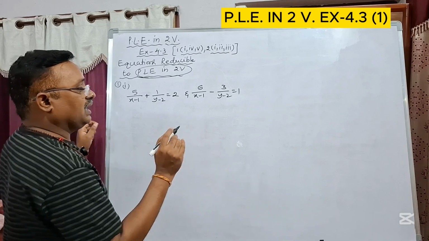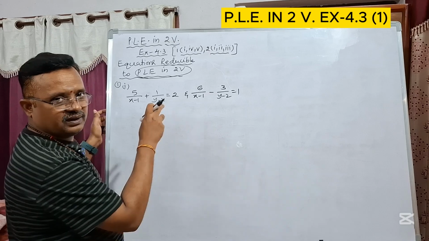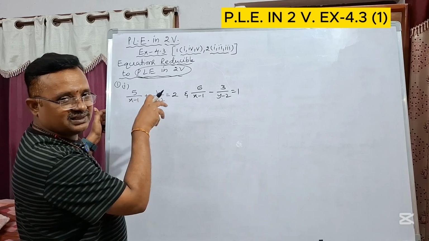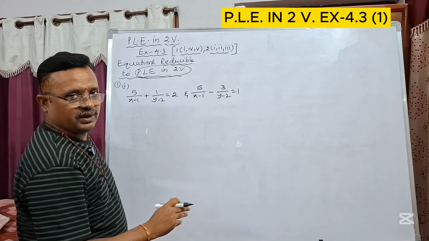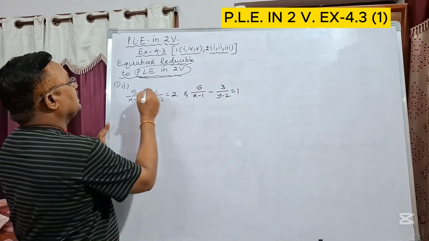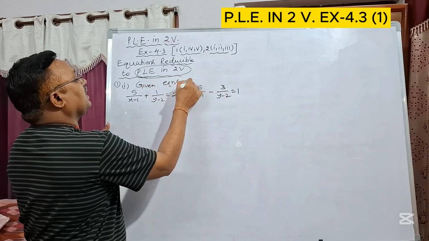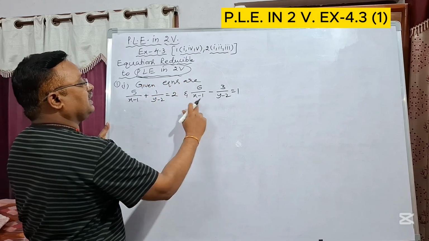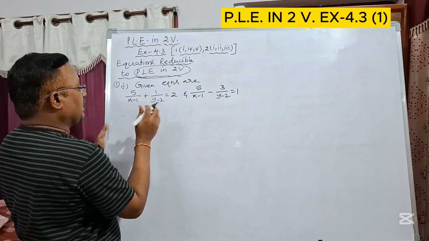How do we do it? Already I told you, the reciprocal form of the given equation terms has to be considered as new variables. So the given equations are this one and this one. For our convenience I am adding one more step.